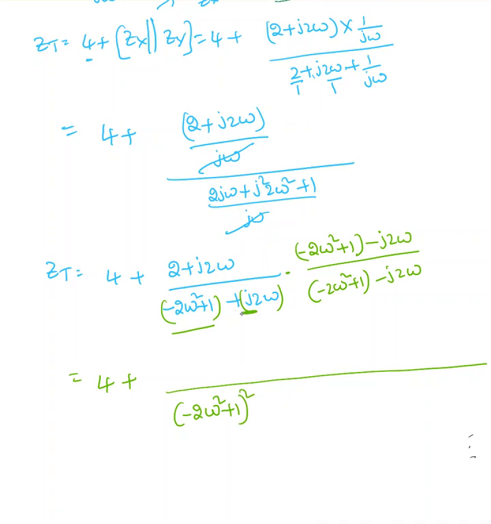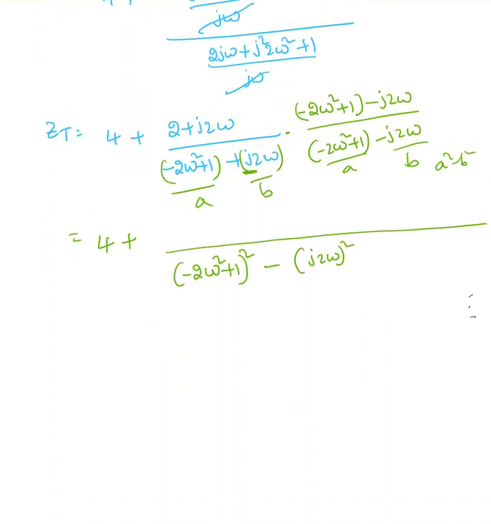So a plus b times a minus b is a square minus b square, right? So this is a square, what is b square? Minus j2 omega whole square. We know that j square is nothing but negative 1, so we'll end up with a positive number in the denominator.